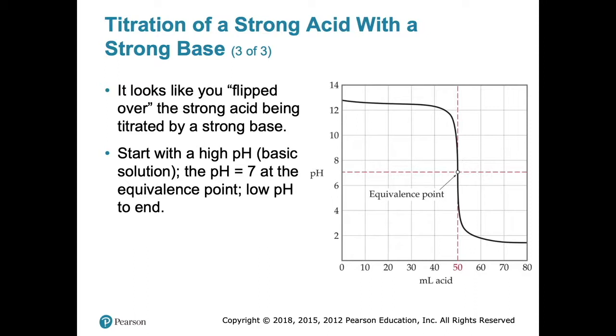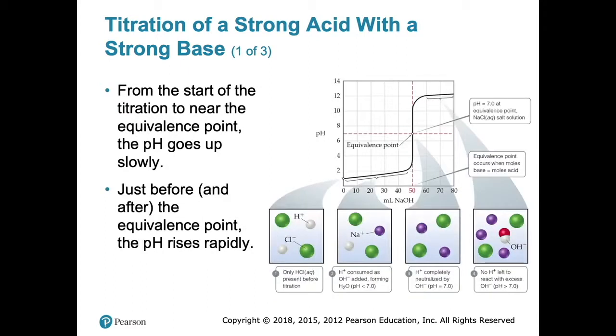And right at the equivalence point, it only takes less than 1 mil to get you from this point to this point, and you're fully acidic again. So it's literally the exact same thing. Titrating a strong acid with a strong base is the exact same thing as titrating a strong base with a strong acid, just backwards.